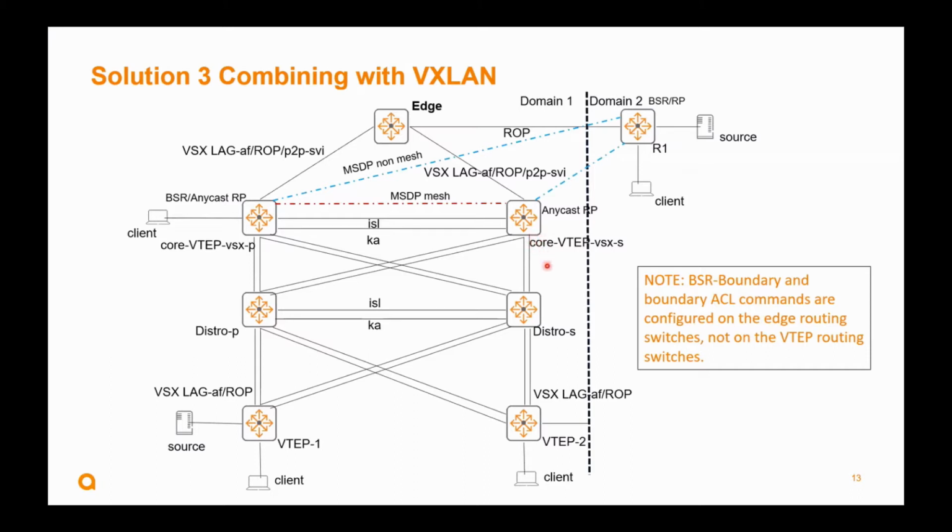So again, note the BSR boundary and boundary ACL commands are configured on the edge routing switch, not on the VTEP routing. We do have MSDP, but the commands are on the non-VXLAN VTEP edge switches.